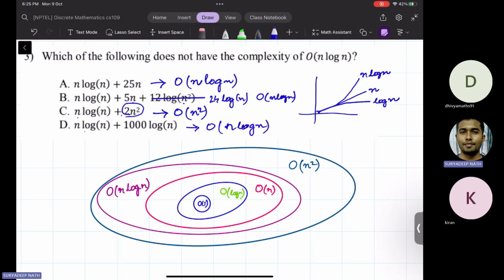So all of them will have complexity n log n except option C, which would be O(n squared). So option C is the right answer for this question. I hope that is clear.